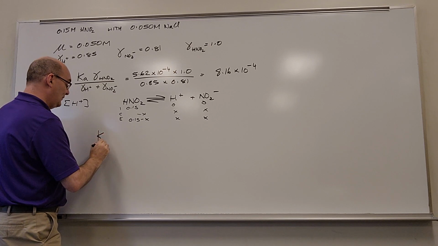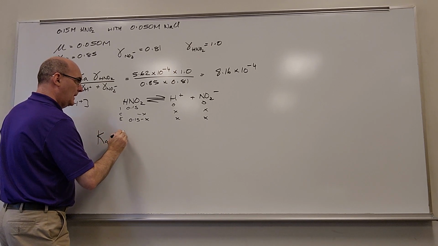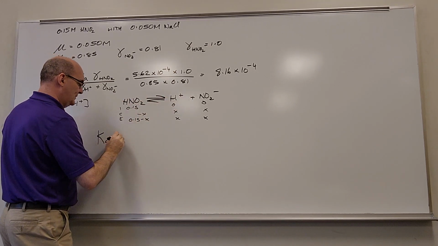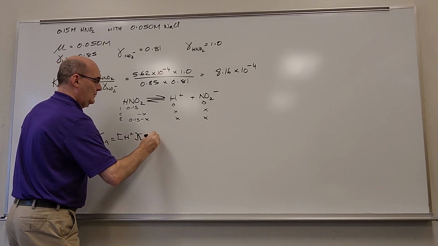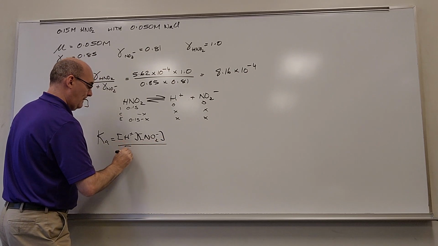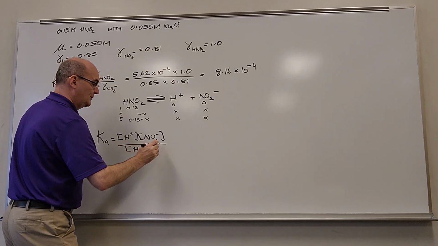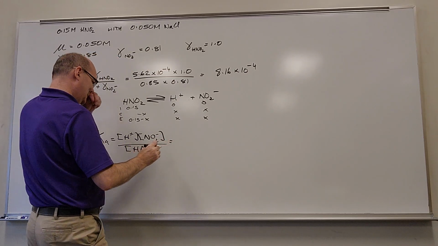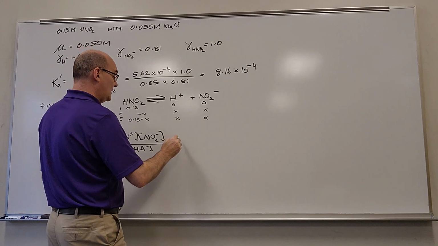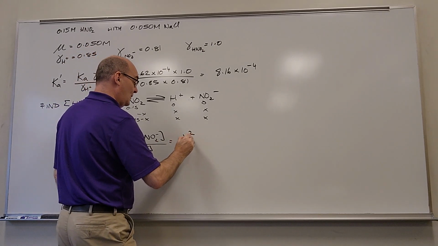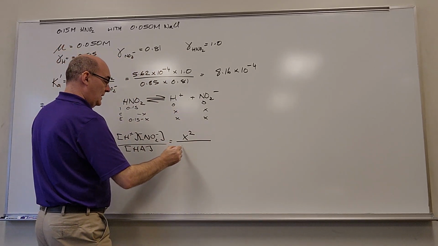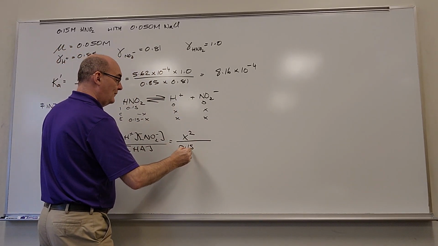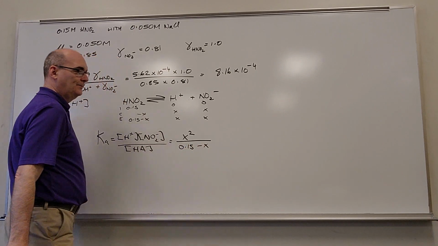My value for Ka is products divided by reactants, H plus, NO2 minus, over HNO2, which gives us x squared, x and x, divided by 0.15 minus x.